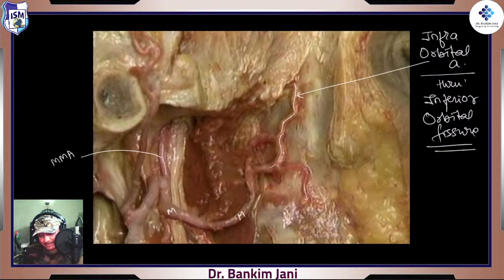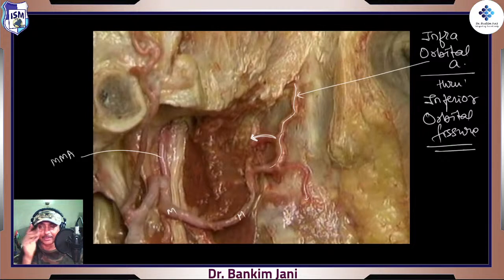And see, there is one branch which is going like this. Now, this is interesting. Where should it go? This is the last and final. This is the branch which will go via the pterygomaxillary fissure.